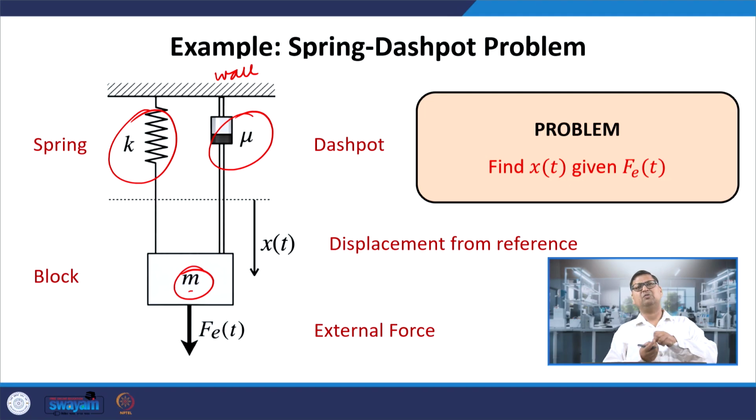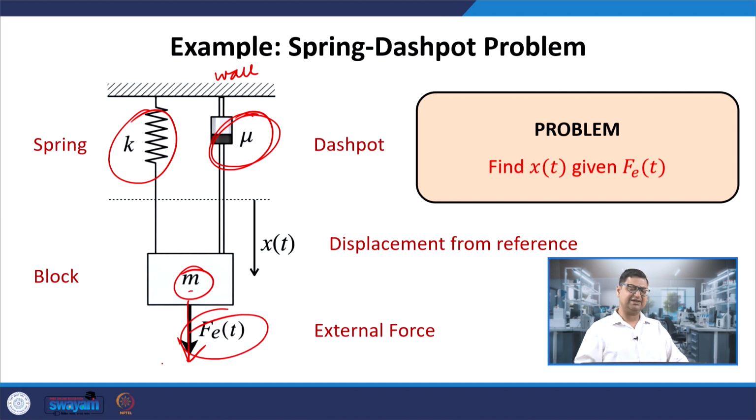So, a viscous liquid will provide some resistance to the flow, right. So, therefore, it offers some resistance in the system, right. So, there is a dashpot of certain viscosity mu, right, and this block, which is supported by the spring and the dashpot, is being pulled down with a force Fe(t) that can be a function of time.